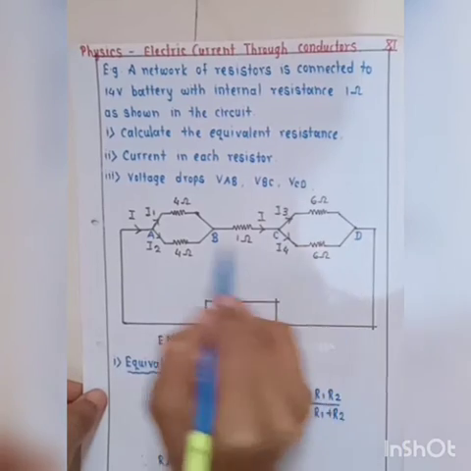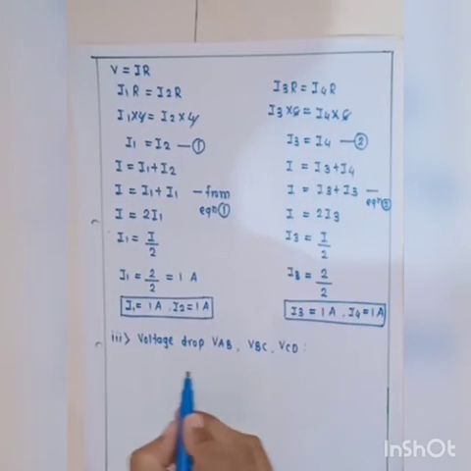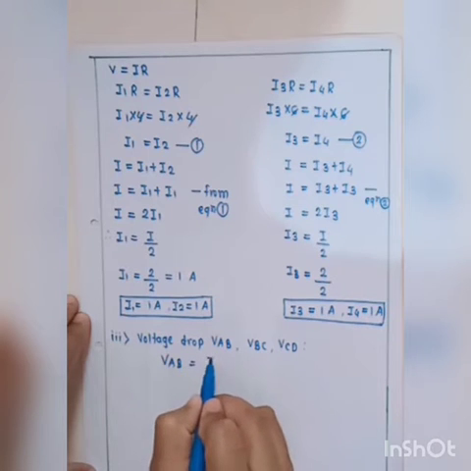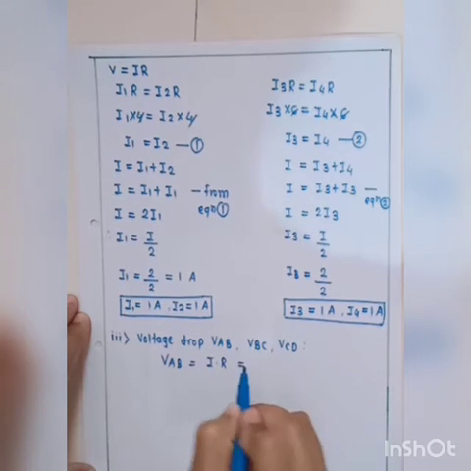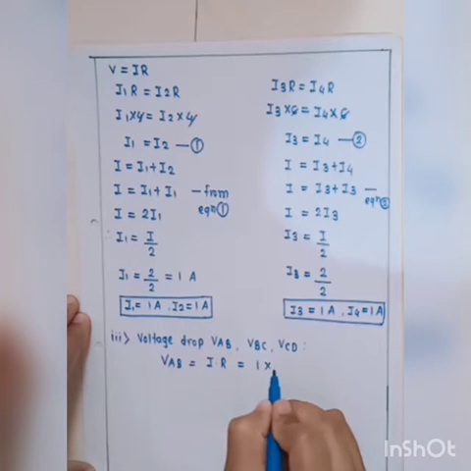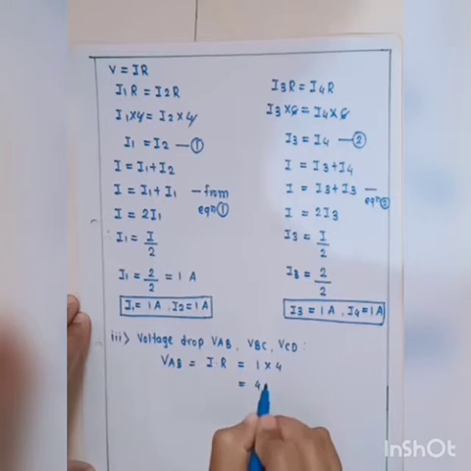So voltage across AB, that is VAB, is equal to I into R, current is 1 ampere and resistance is 4 ohm, so we get 4 volt.